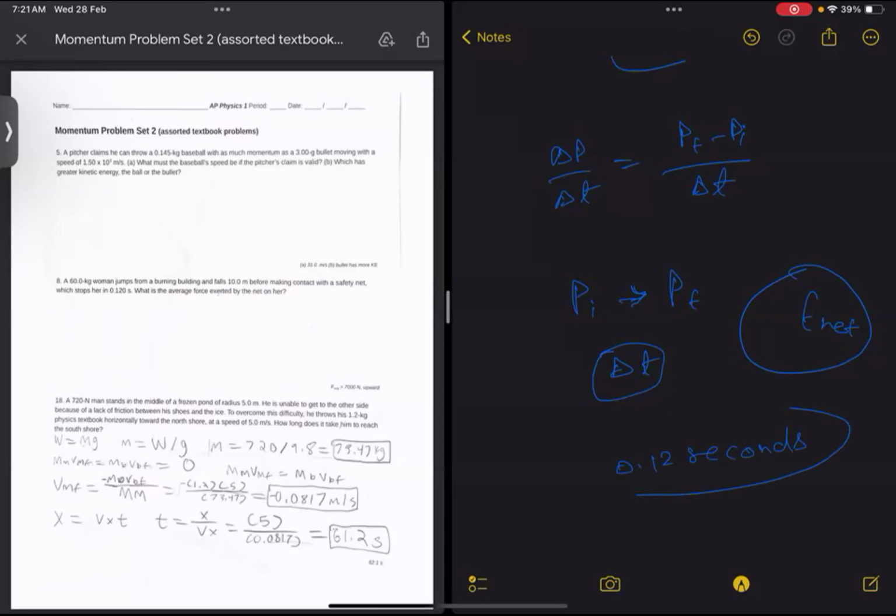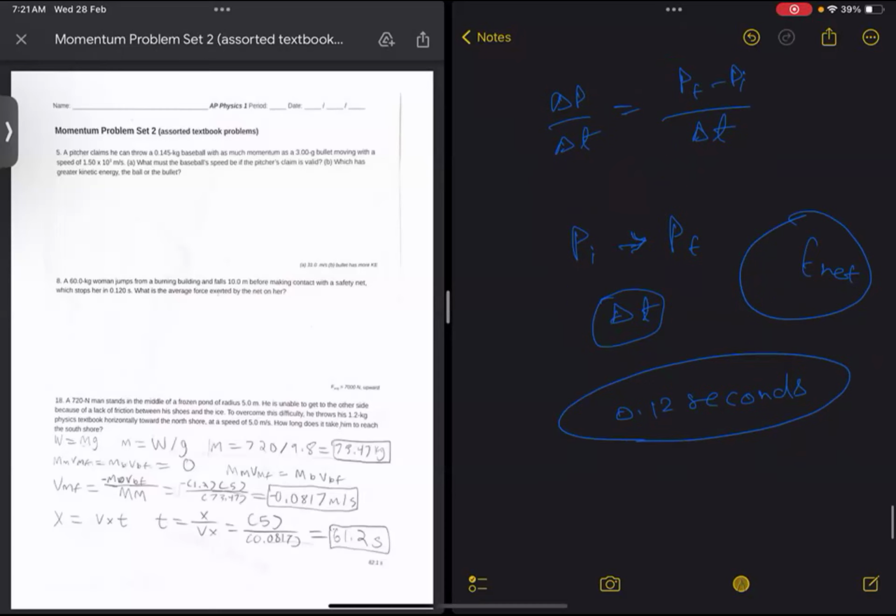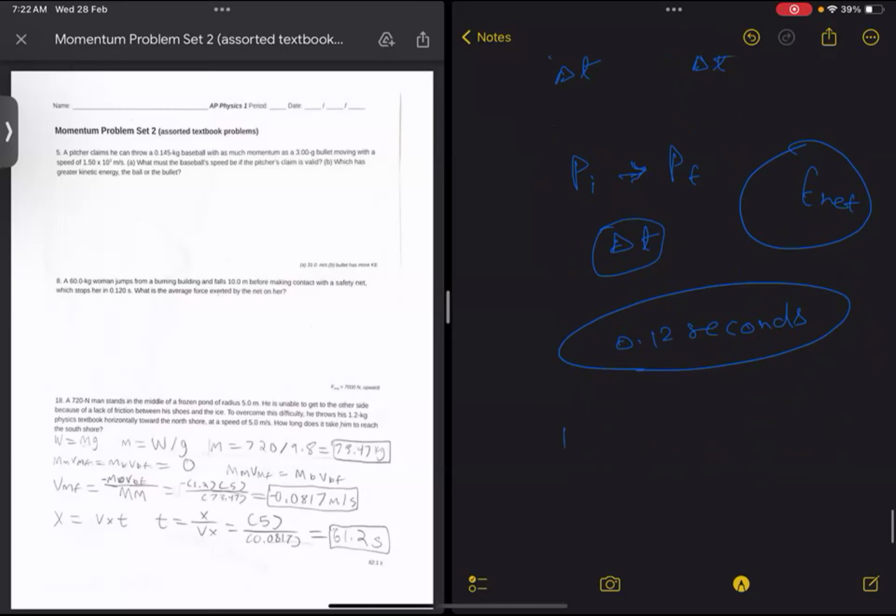And the momentum is changing from what to what? In 0.12 seconds, what is the initial momentum and what is the final momentum? If you don't know the momentum, momentum is mass multiplied by velocity.